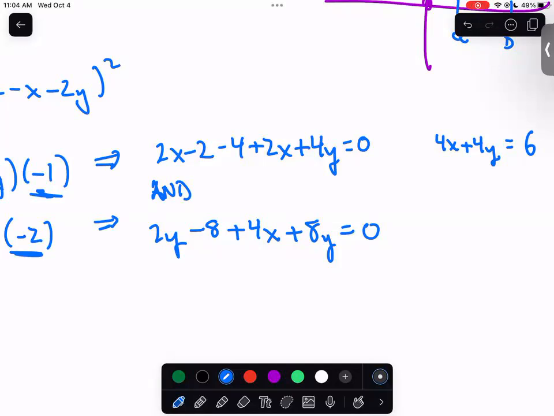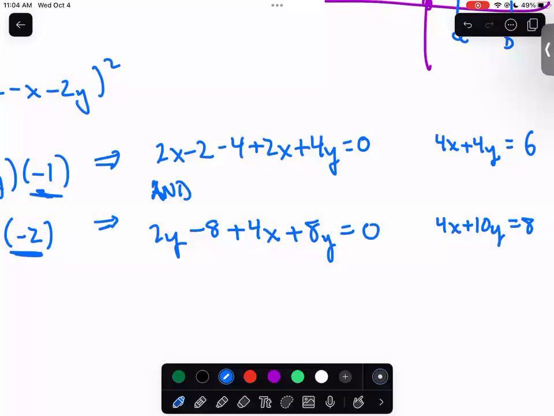This is the real exciting part of class, right? Just simplifying equations, trying not to make mistakes. All right, next up we have 4x plus 10y. And if I bring that negative 8 to the other side, that's going to be equal to 8. So now I have all of my like terms combined.